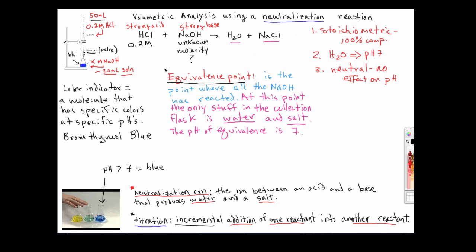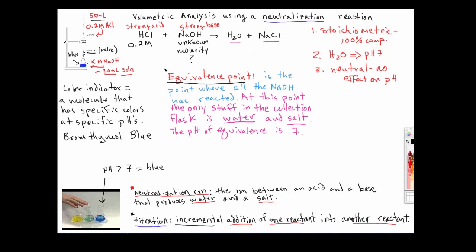I did that on purpose because when we start this experiment, the collection flask contains only NaOH and water. So the pH of the starting solution before we've added any hydrochloric acid is greater than 7. And so when you add the bromethymol blue, the solution is going to turn a nice sort of sky blue or dark blue in color.